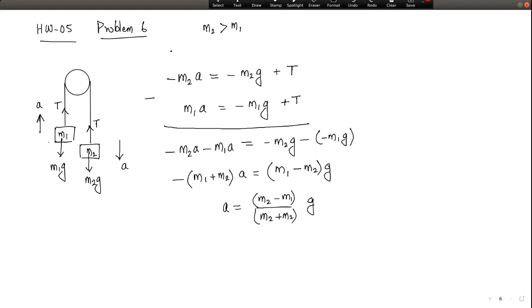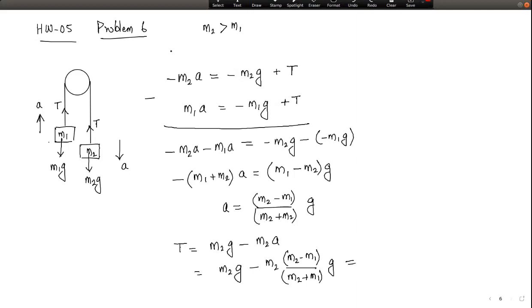But the problem is asking us to calculate the force of tension. So to calculate the force of tension, we go up to the first or second equation. So T is equal to m2g minus m2a. So that's the same as m2g minus m2 times, we substitute the acceleration solution into that, and we again simplify this.